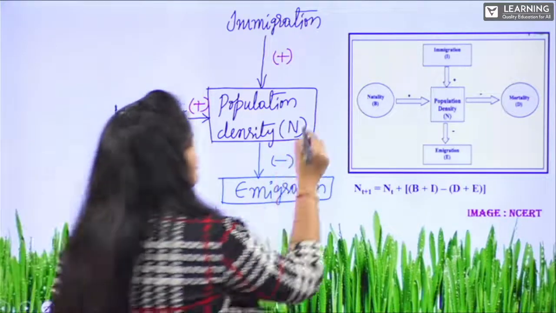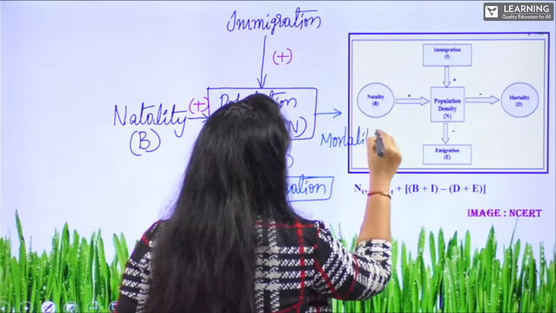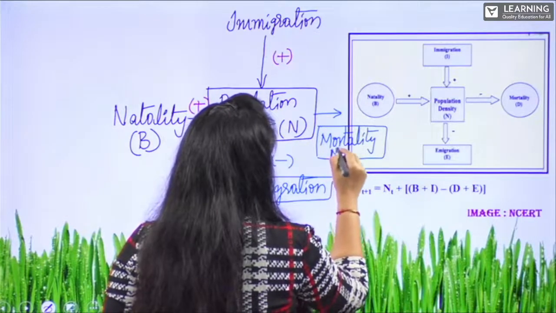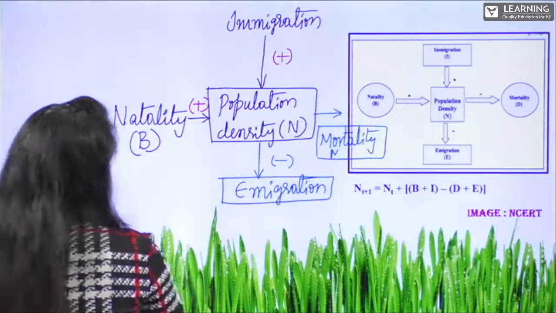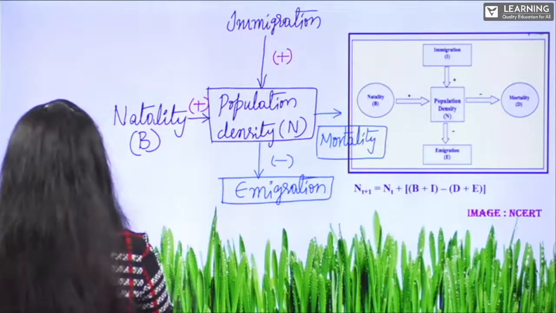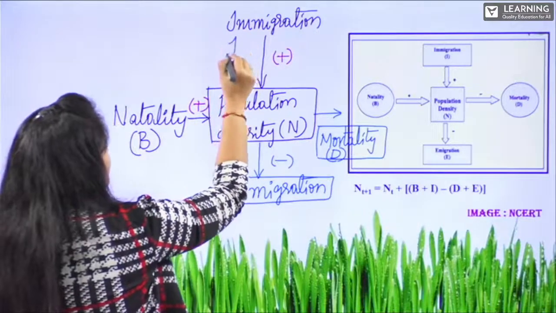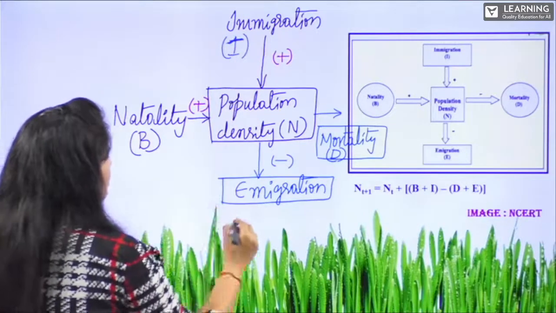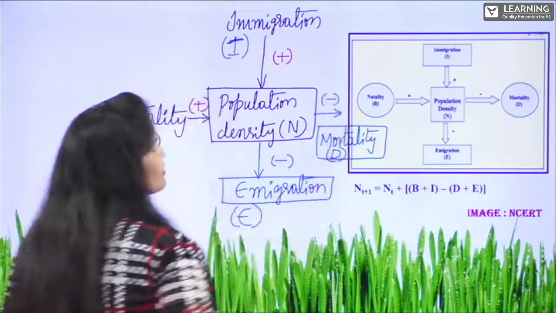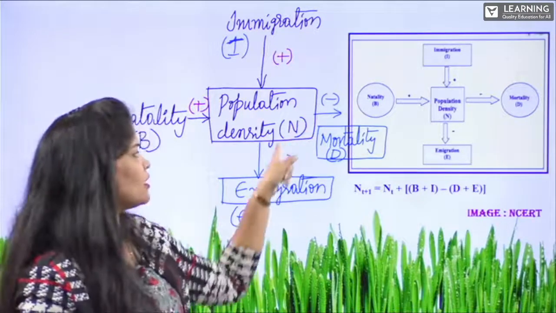Same way, mortality, which is represented by capital D. Immigration is represented by I, and emigration is represented by E. As mortality also results in decrease in the population size, we are giving minus signs.